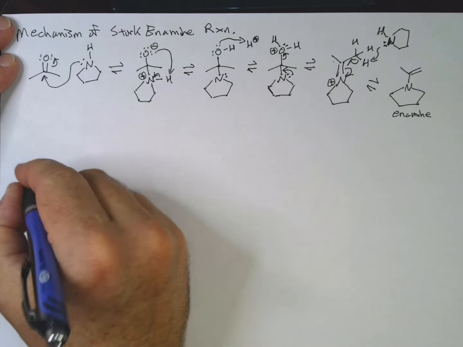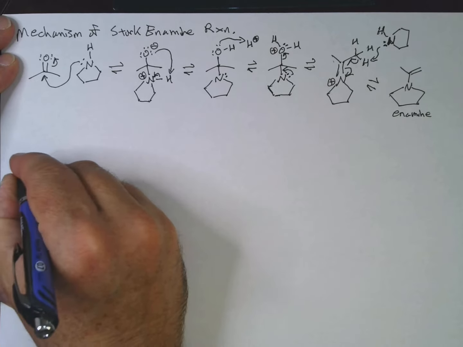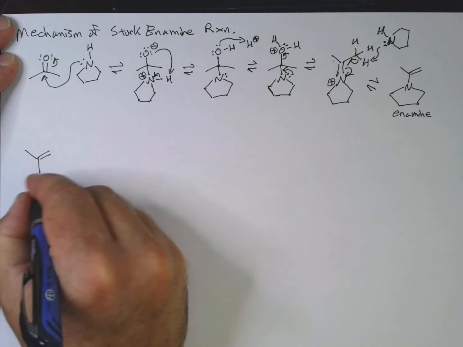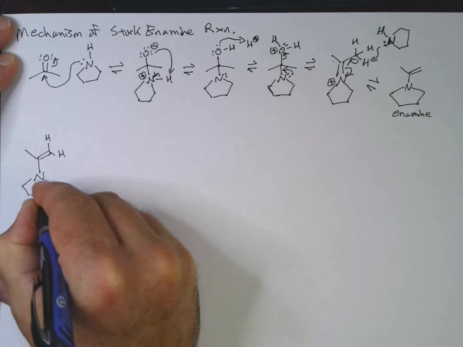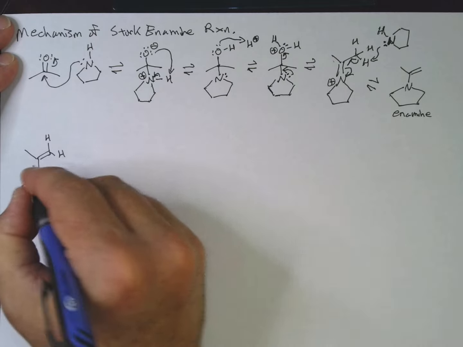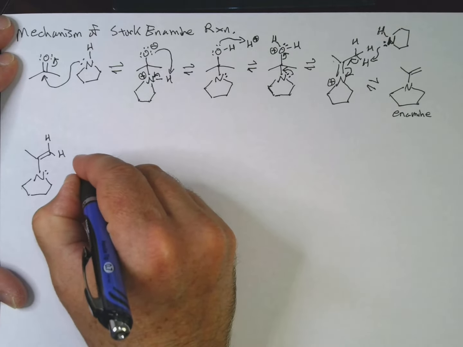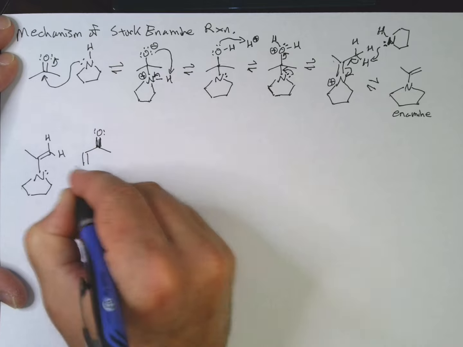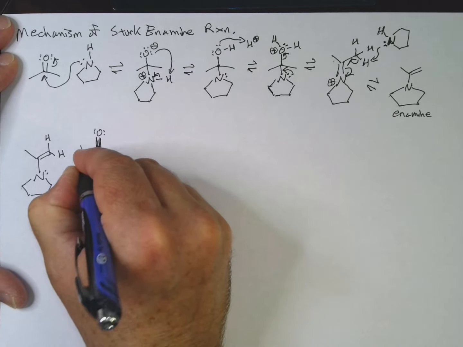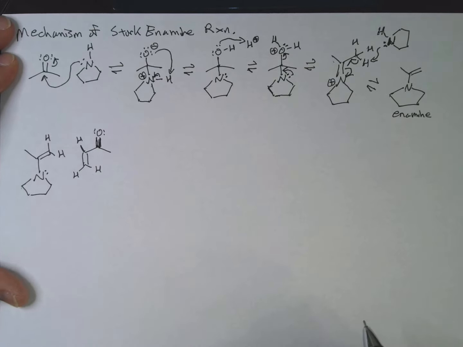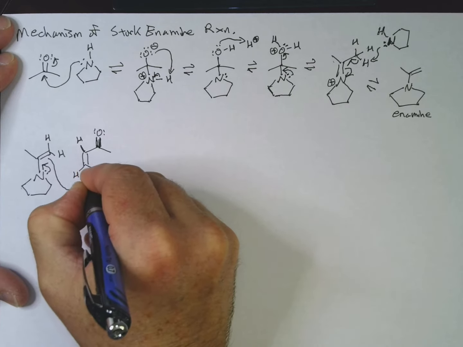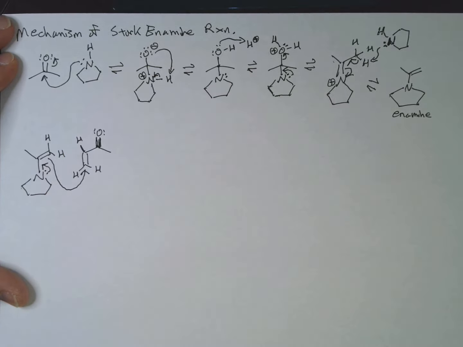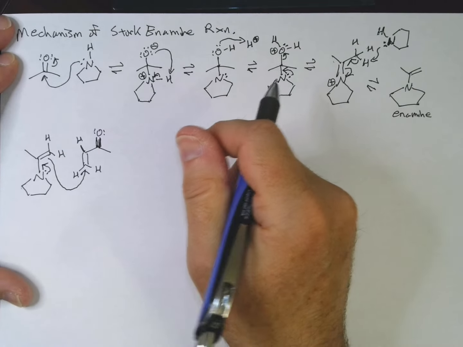Now we'll go ahead and take our enamine and I'm going to go ahead and put in these hydrogens here. Make sure that's a double bond, get our alpha beta unsaturated species here. And now we can go ahead and get that adding there.